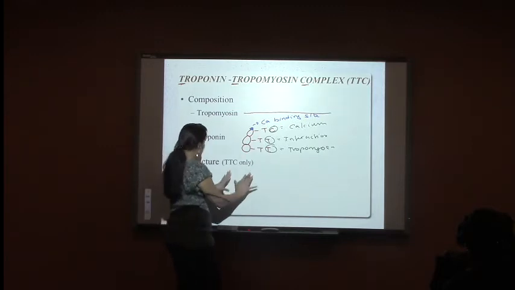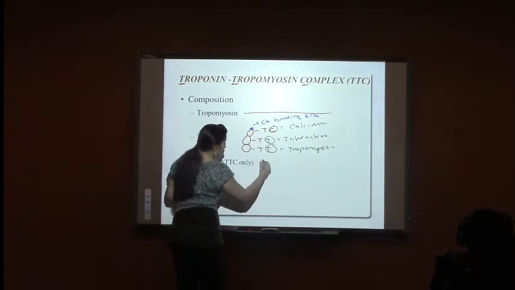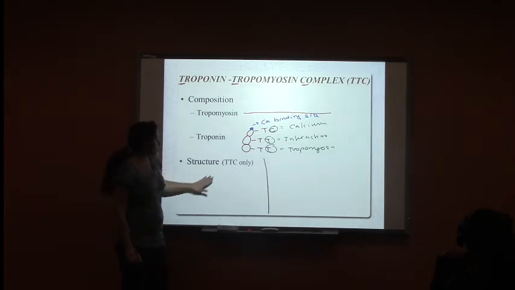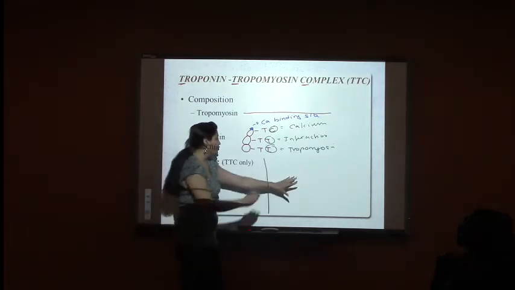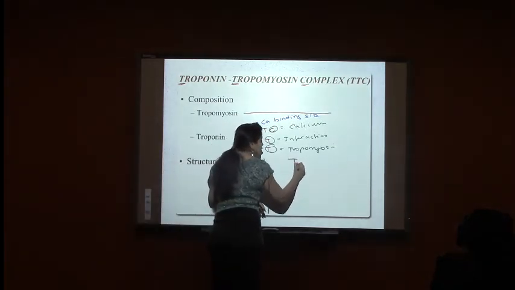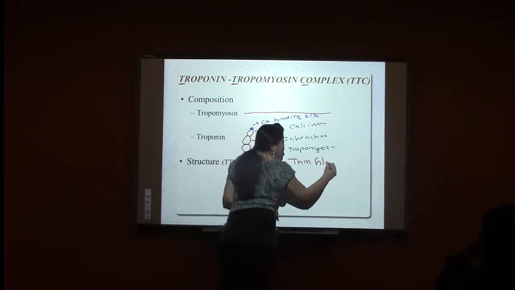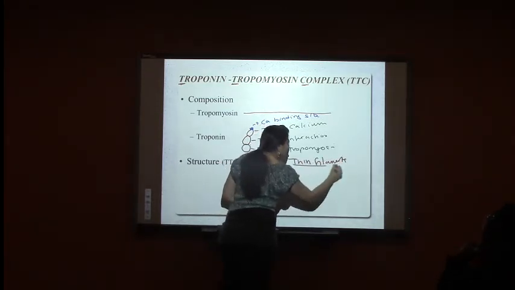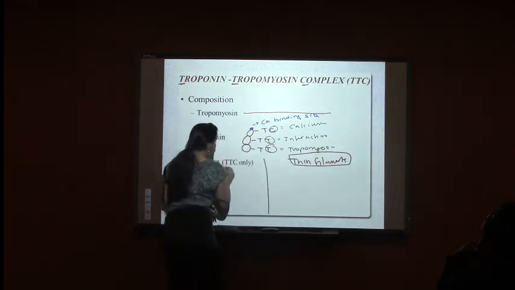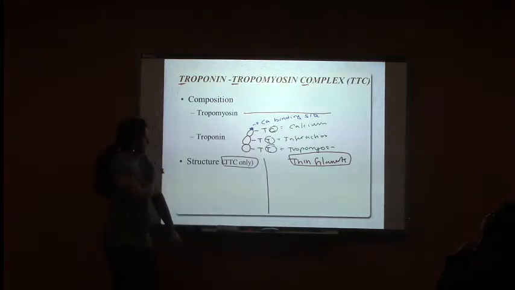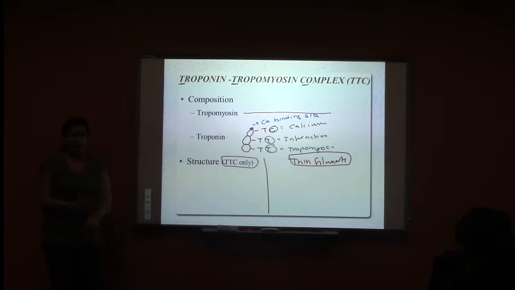Now in here, the structure, cut it in half. So this part is only going to show the TTC. This is going to show you the thin filament collectively, the complete thin filament, and this is just going to show you the TTC by itself. Does that make sense?